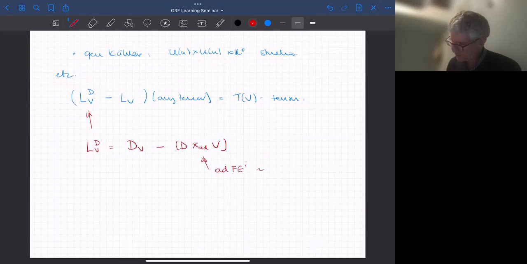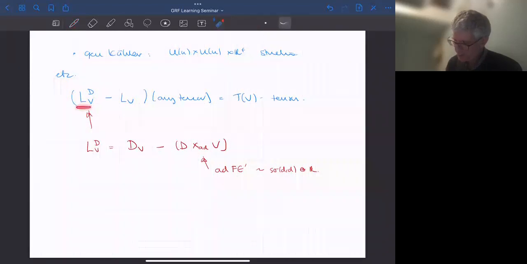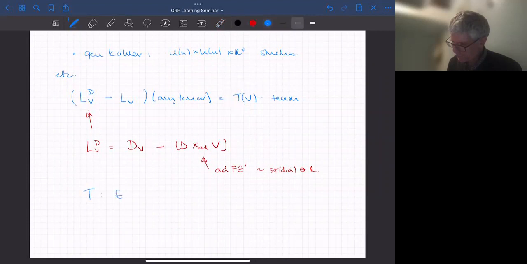So this is something that looks like the Lie algebra together with R. I have to tell you exactly how I project onto R, but there's a definite projection. And then the difference between this object, which depends on the connection, and the ordinary derivative acting on any tensor will give me a tensor. And that gives me some tensor T of V. And I think of T as being a map from E into the adjoint bundle.